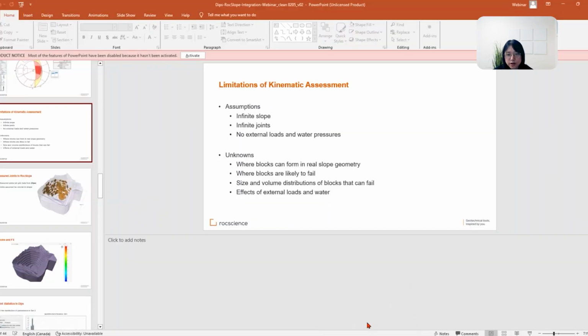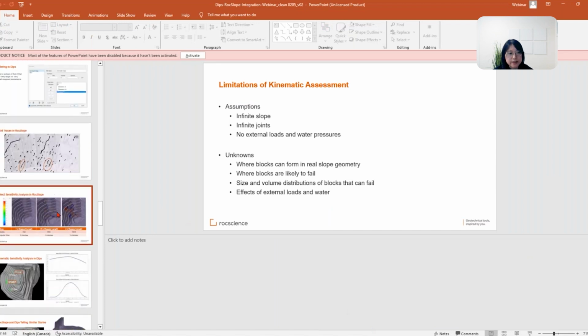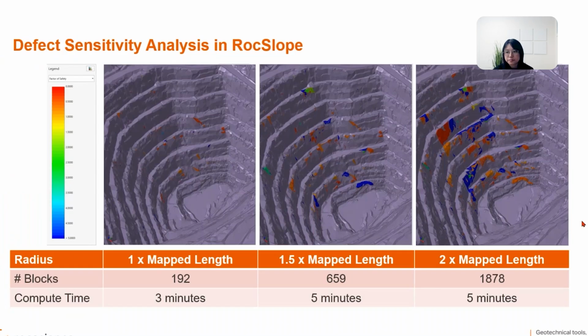And just to summarize my sensitivity study here, you're viewing the results for 3 different joint radii. Okay. Originally, I had 1 times the map length for the radius, but I also did 1.5 times and 2 times.